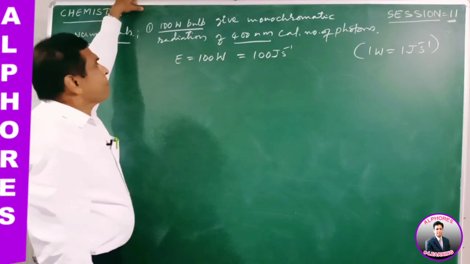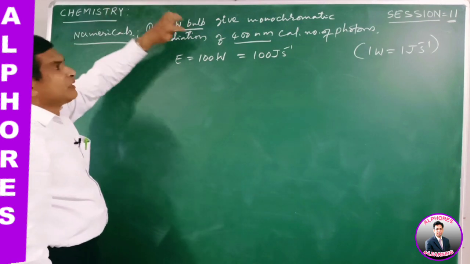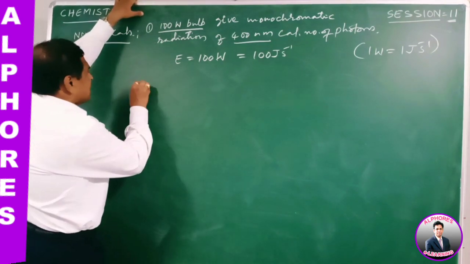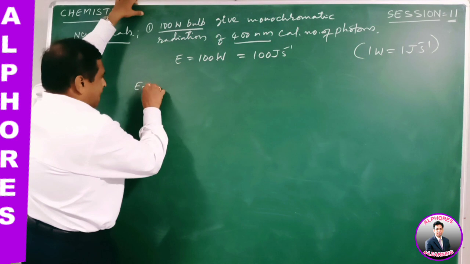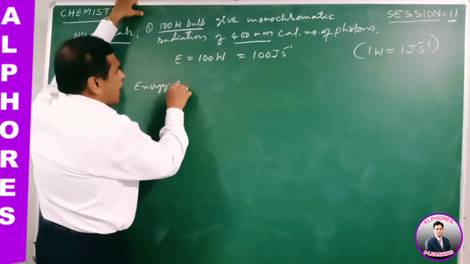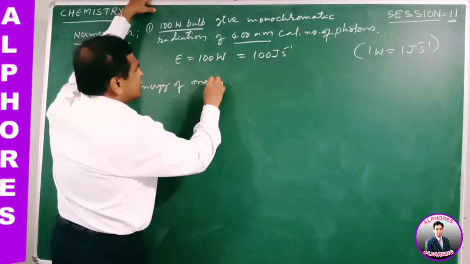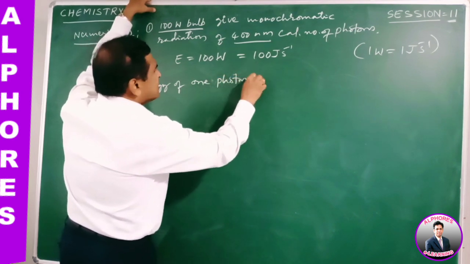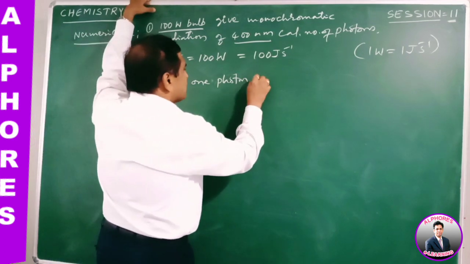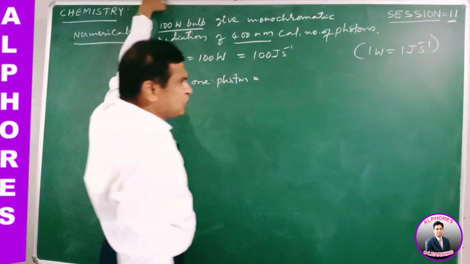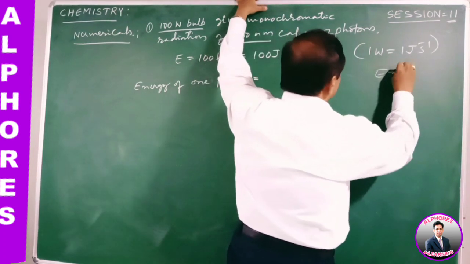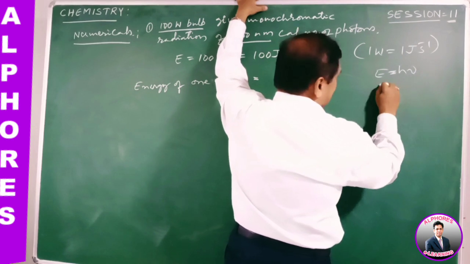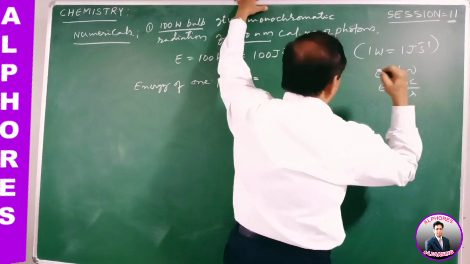Now lambda is given as 400 nanometers. We have to calculate the number of photons. Now the energy of one photon, E is equal to h nu. We know that nu is equal to c by lambda, so E is equal to hc by lambda.